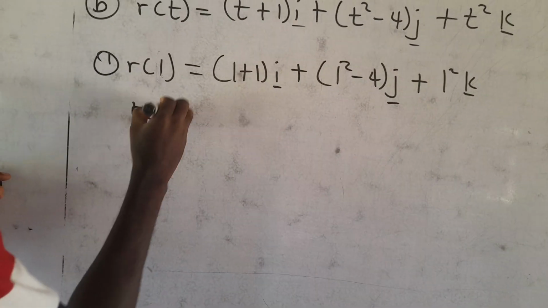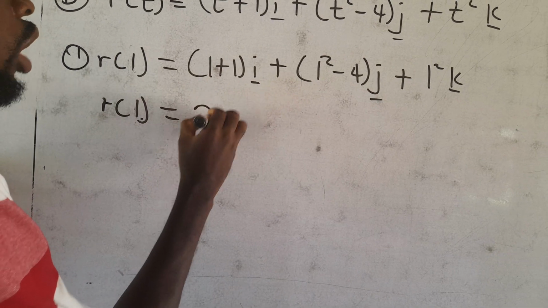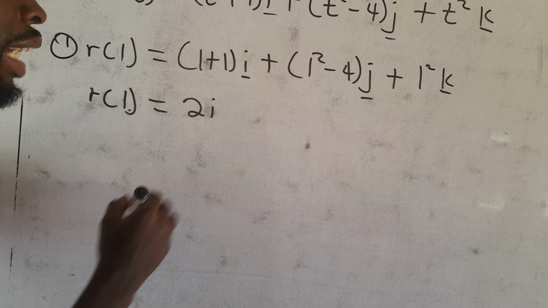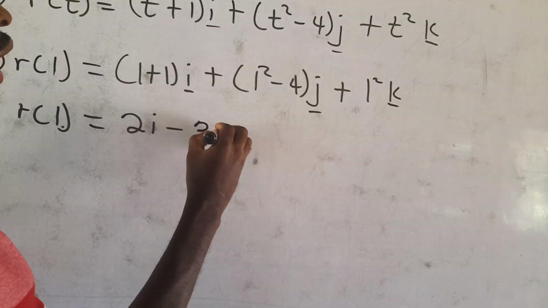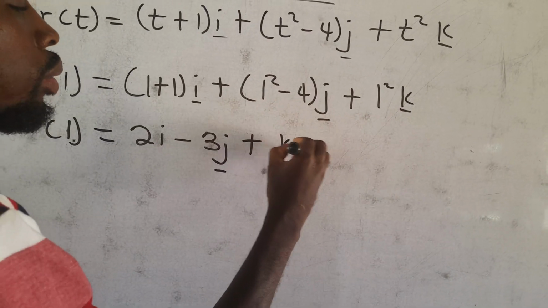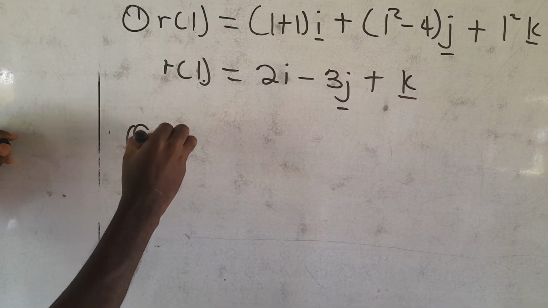So our r of 1 will be equal to 1 plus 1 is 2, so we have 2i. 1 squared is 1, minus 4 will be negative 3 in the j direction. Then 1 squared is 1, times k will just be k direction. Now we need to find r of 3 too.